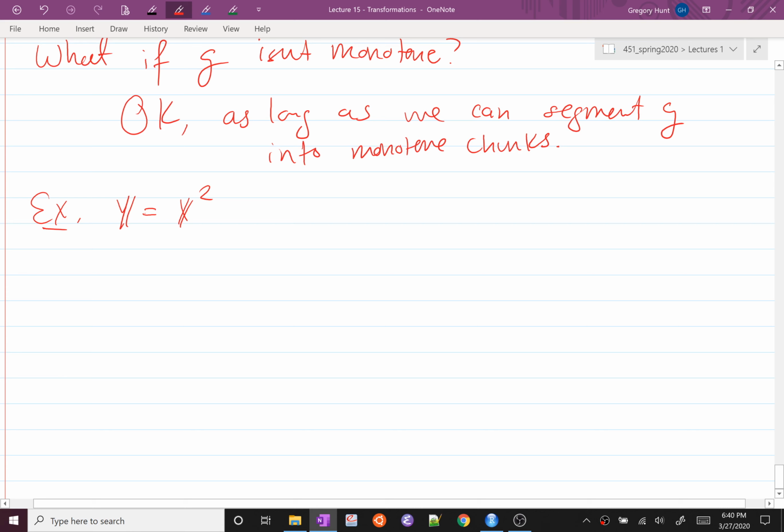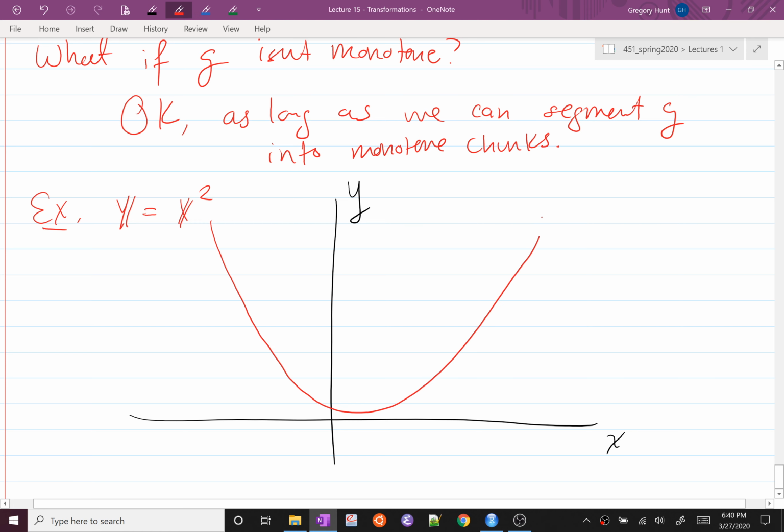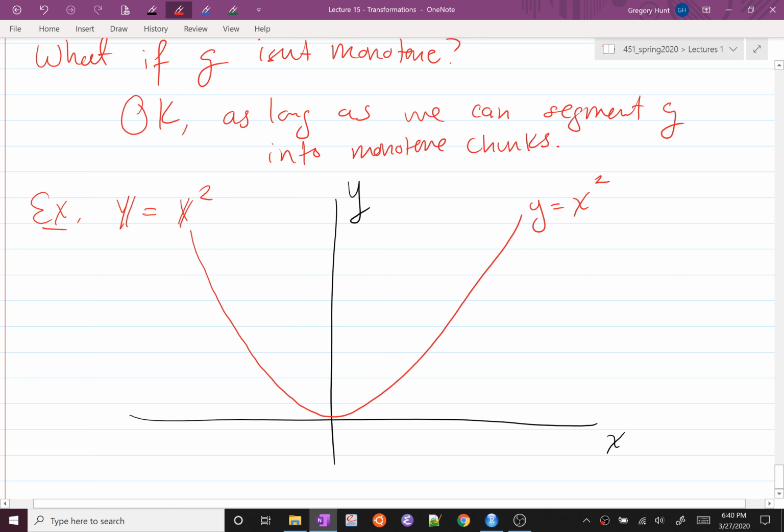Depending on x, that might not be monotone. It's certainly not monotone on the whole real line. If I look at my values x and y, this is y is x squared, and this is not monotone. And so my theorem really isn't directly applicable.